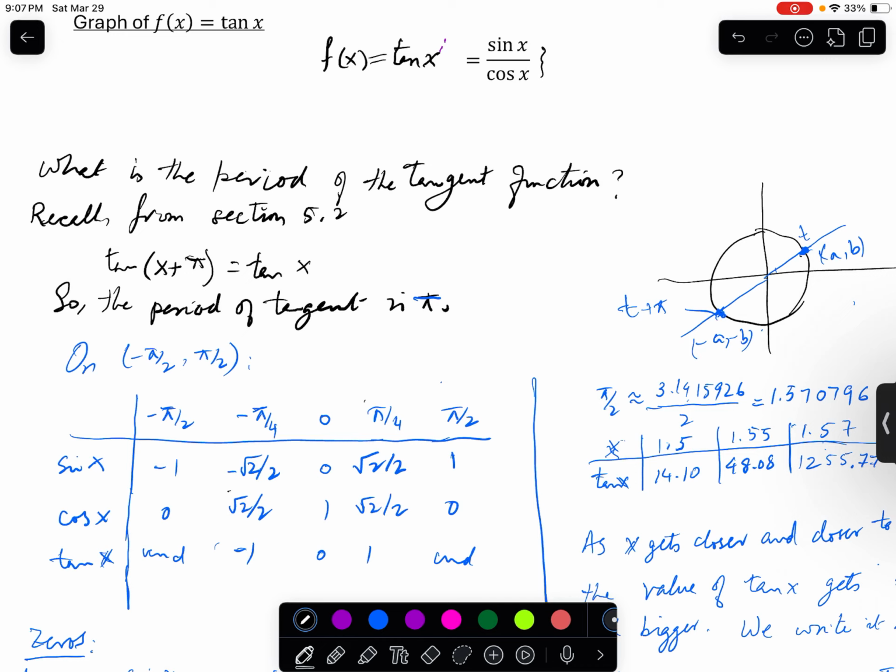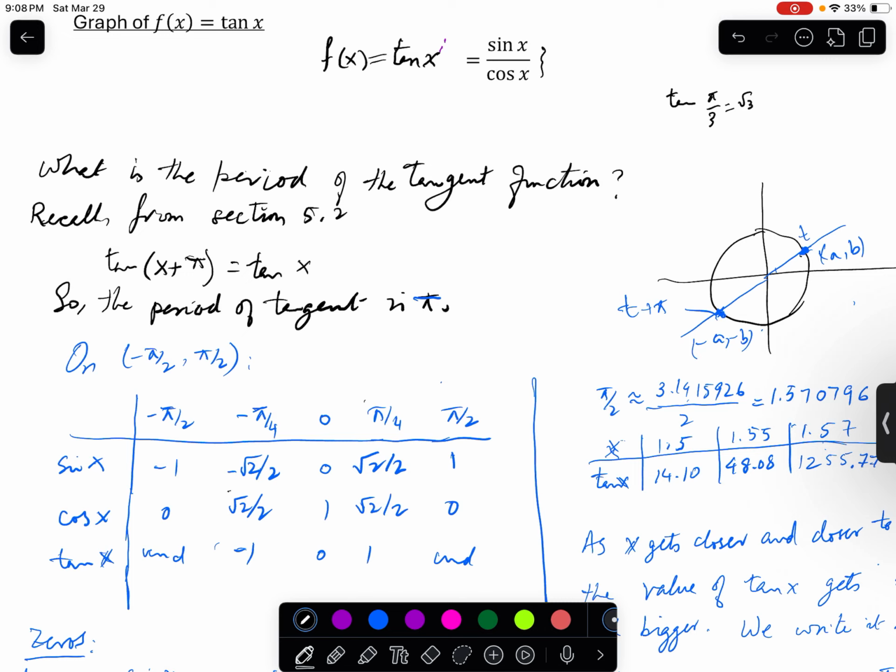What is that interval? What is the period of the tangent function? Recall from section 5.2, we noticed that if we have tangent of x plus pi, then we get back the same value that we get for tangent x. For example, tangent of pi over 3 is square root of 3, and pi over 3 is in the first quadrant.